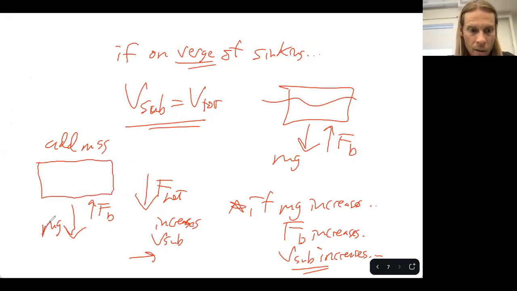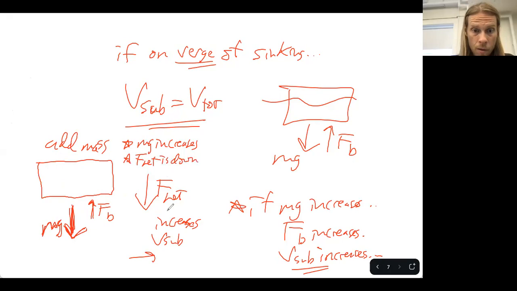If I add mass, mg increases, which increases the F net. So if I add mass, one, mg increases. So F net is down. So V sub increases.